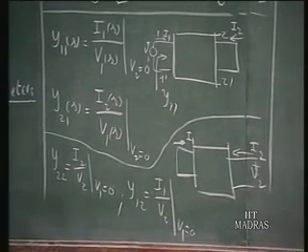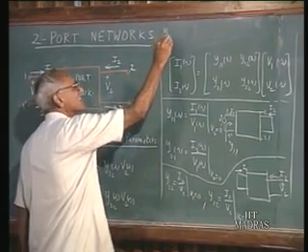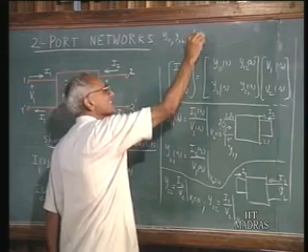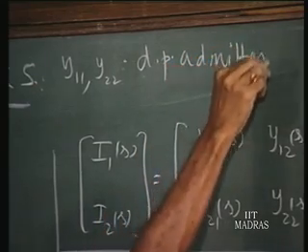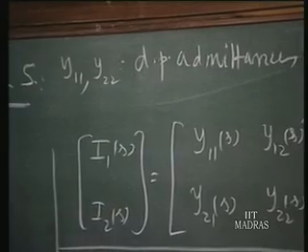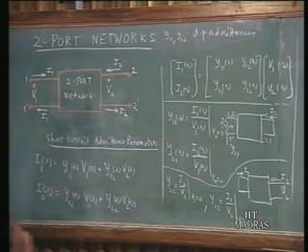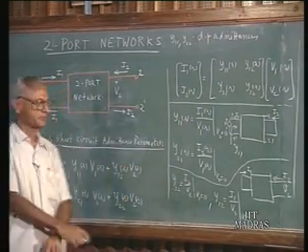Now, y11 and y22 are called driving point admittances, because the response and the input are at the same location, associated with the same terminal pair, either in the case of y11 or in the case of y22, I2 over V2.